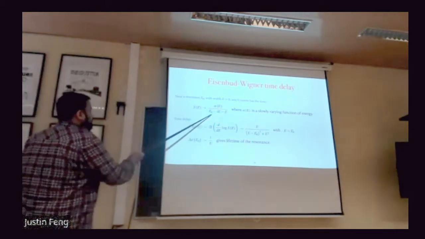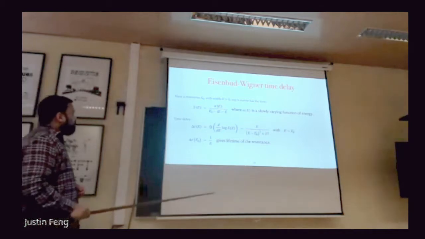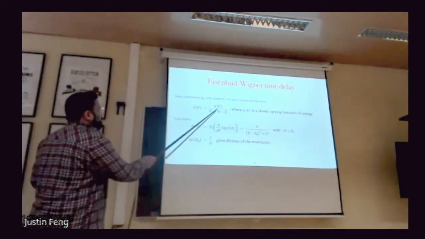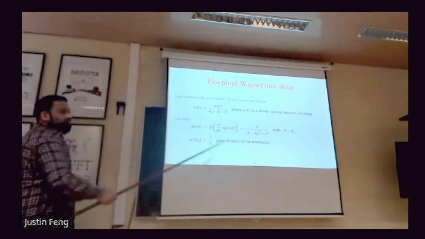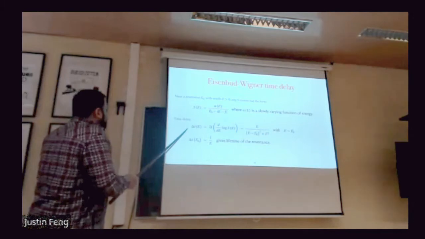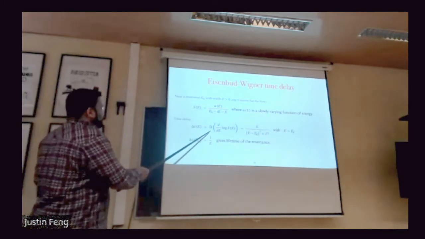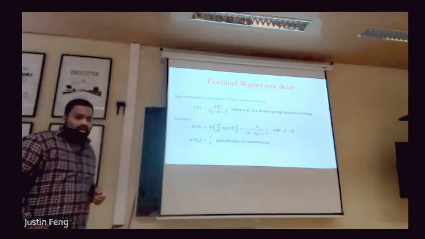So if you put E equals E0 in the real space, there's a pole. And the fact that this is a pole means that alpha cannot compete with this pole. So this is some slowly varying function of E in general. And the time delay is defined to be the imaginary part of the energy derivative of the log.